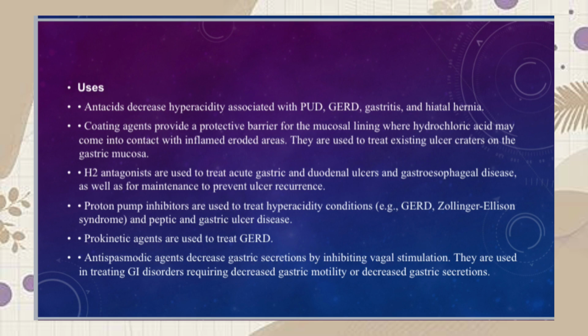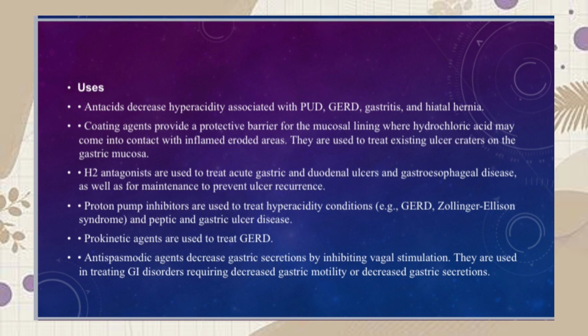H2 antagonists are used in the treatment of acute gastric and duodenal ulcers and gastroesophageal reflux disease, and also for maintenance to prevent recurrence of ulcers. Gastric acid pump inhibitors are used to treat hyperacidity conditions. Prokinetic agents are used to treat GERD.